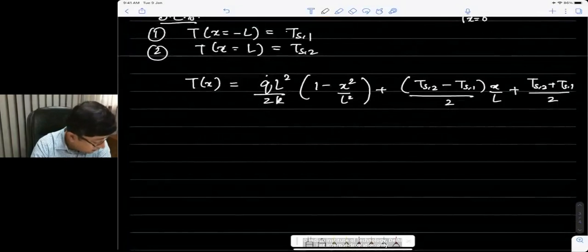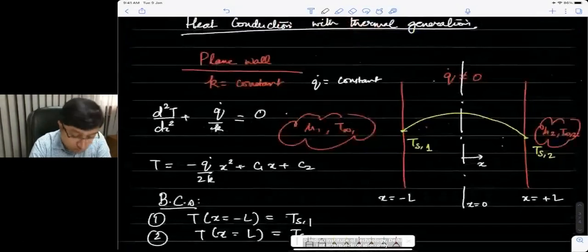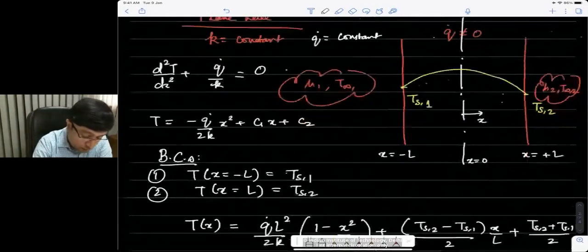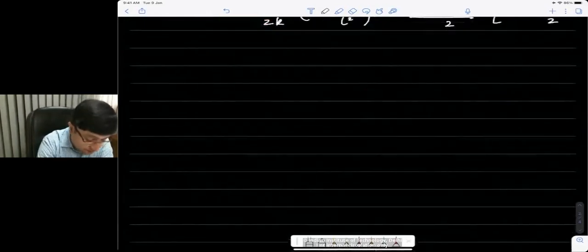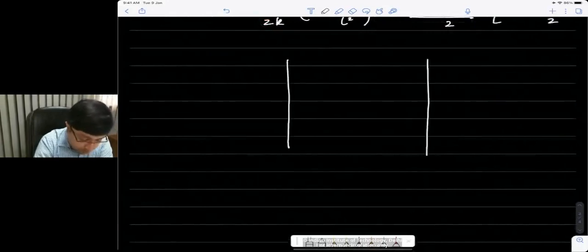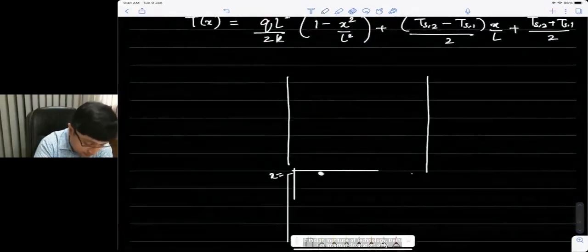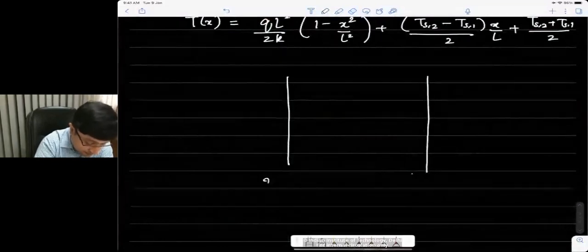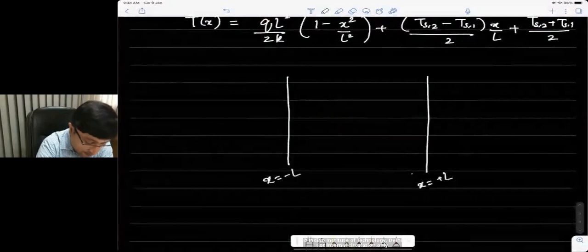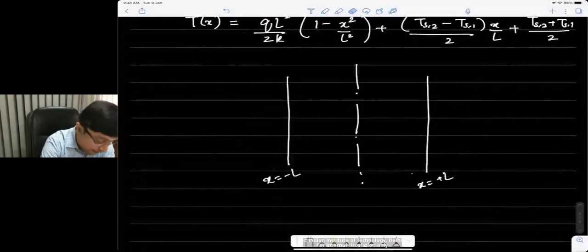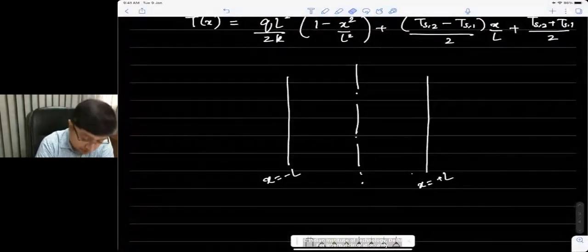Say we look at a scenario where the slab is exposed to a fluid of the same temperature and same heat transfer coefficient on both sides. So what it means is, let's say we have a slab, again of thickness 2L, and this time we have the same conditions on both ends of the slab.